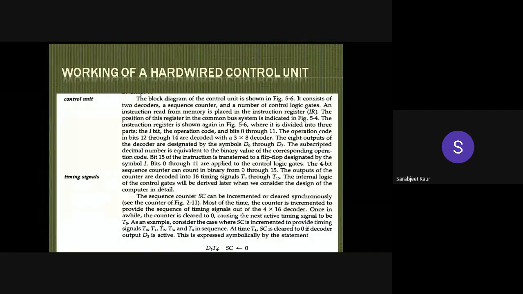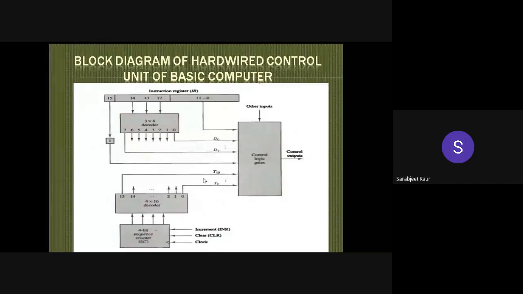What is the meaning of this? This means that we are doing this in time signal T4, and D3 is active, that means that the opcode here was 011 and the corresponding D3 signal was selected.